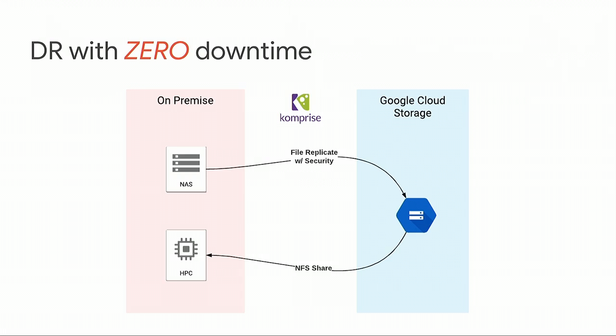Once all of our data was out at GCS, the Comprise software then allowed us to actually mount that Google GCS bucket back to our on-prem compute hardware. I hope you can see then that if our NAS ever went out, we could simply mount the GCS bucket and we would be up and running with our data with zero downtime.